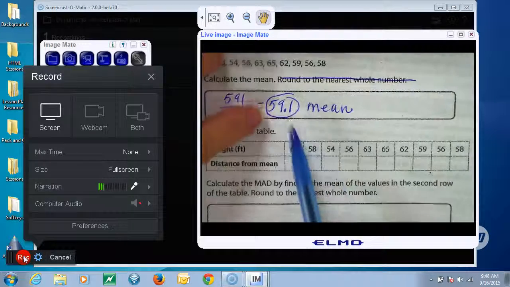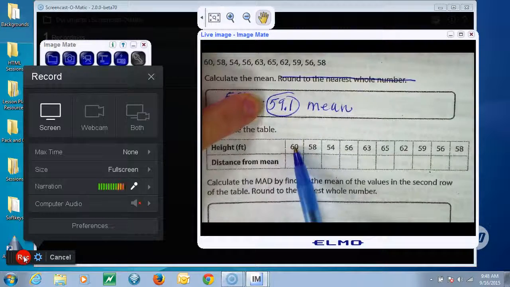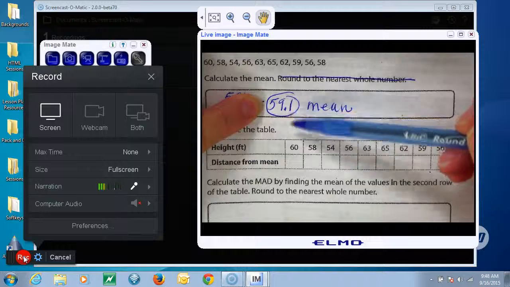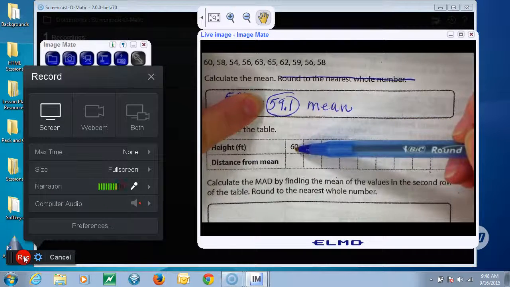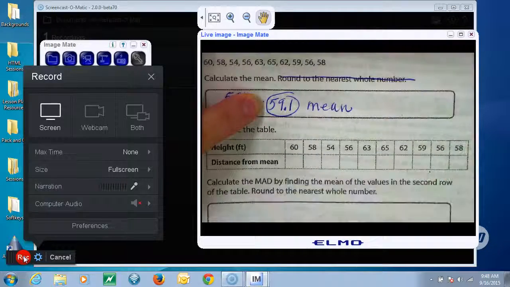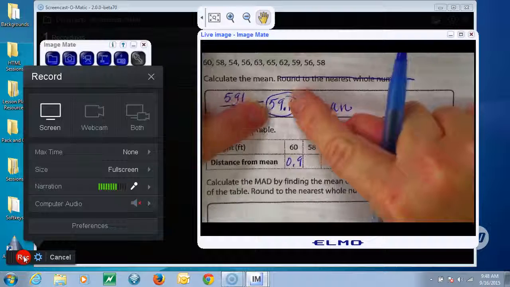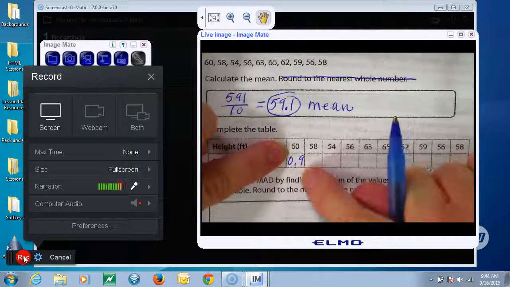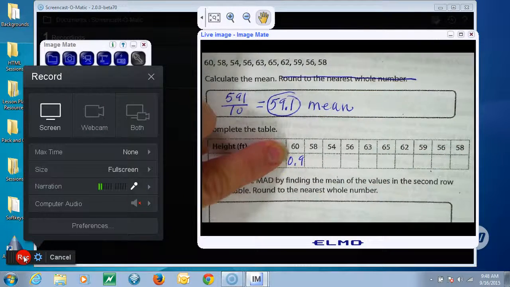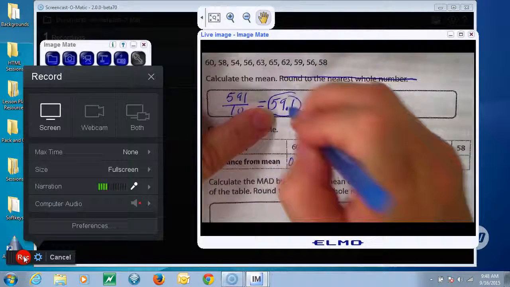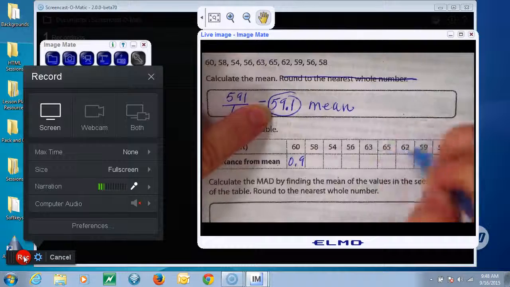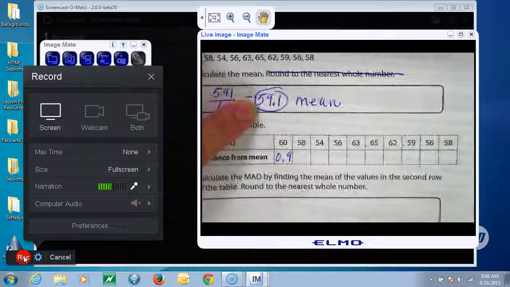So you're going to subtract these two numbers. It doesn't matter which way. You can go ahead and do 59.1 minus 60, but we're not going to use the negative number. Go subtract it and tell me what you got. If you did 59.1 minus 60, you got negative. You don't use the negative. So go subtract 59.1 and all these numbers. Put the answer in the squares.